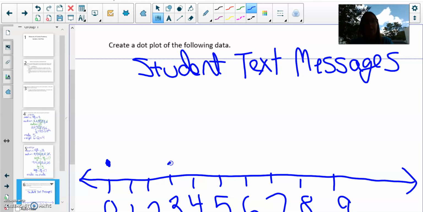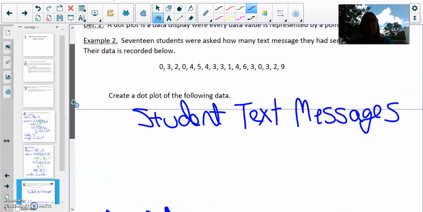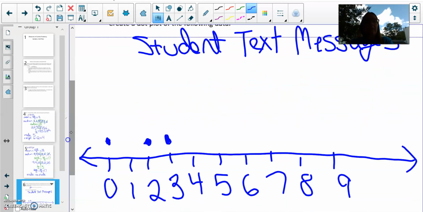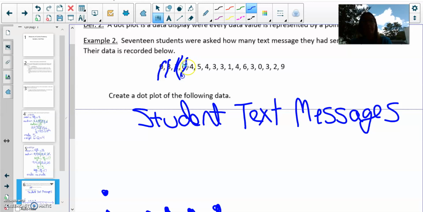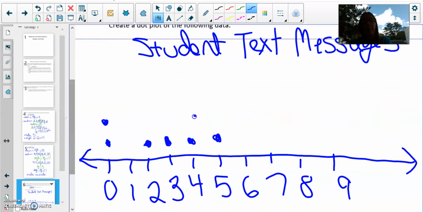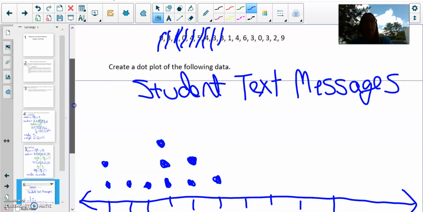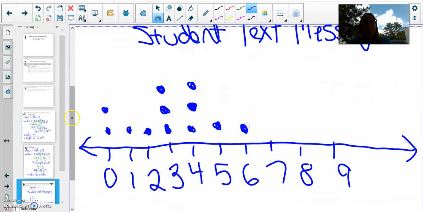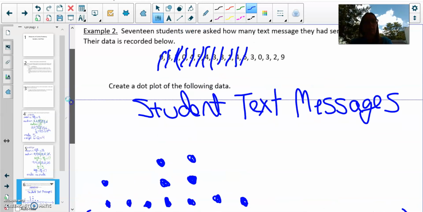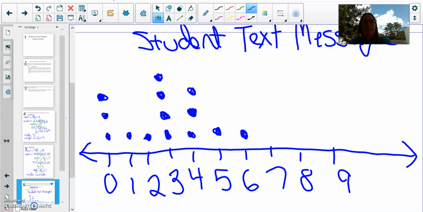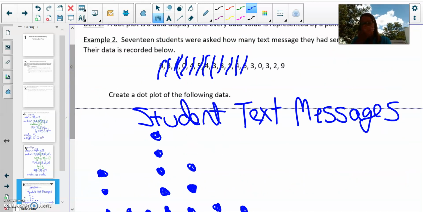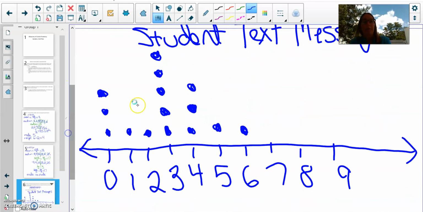So I have 0, 3, 2, 3, 2, 0, and I start stacking them. 4, 5, 0, 4, 5, 4, 3, 3, 1, 4, 6, 3, 0, 3, 2, and 9. And that's how you make your dot plot.